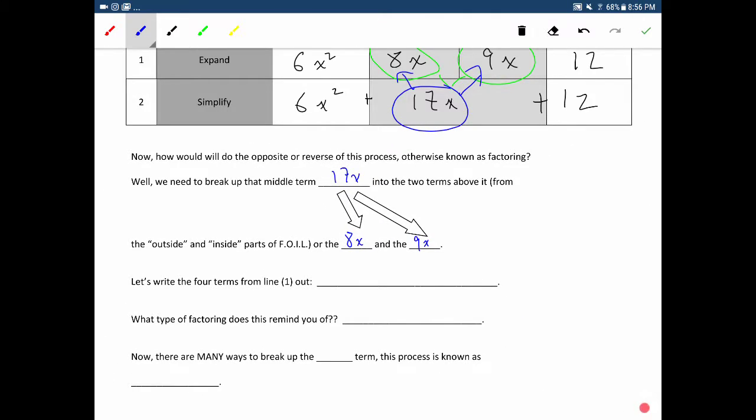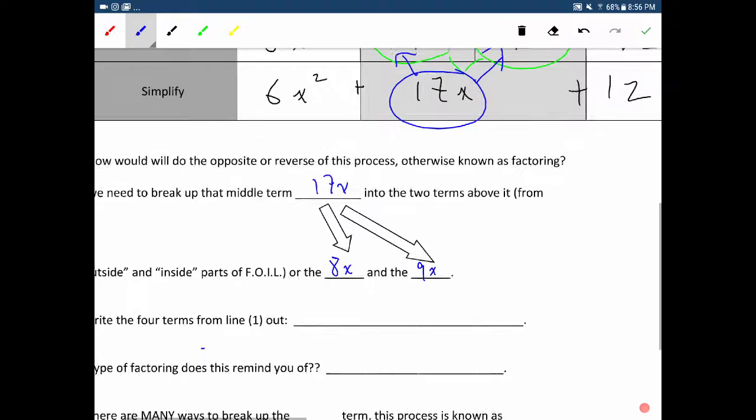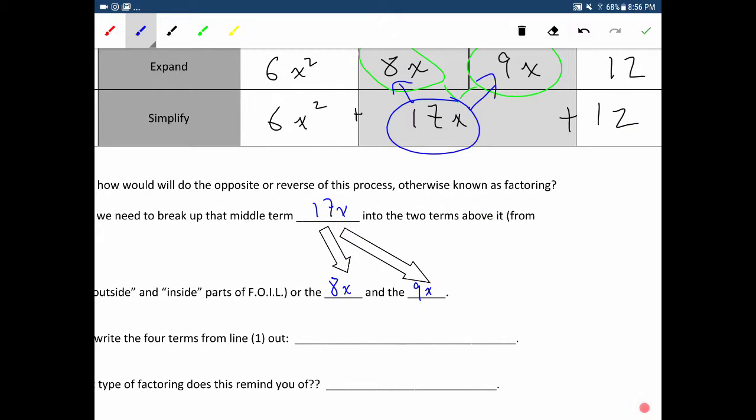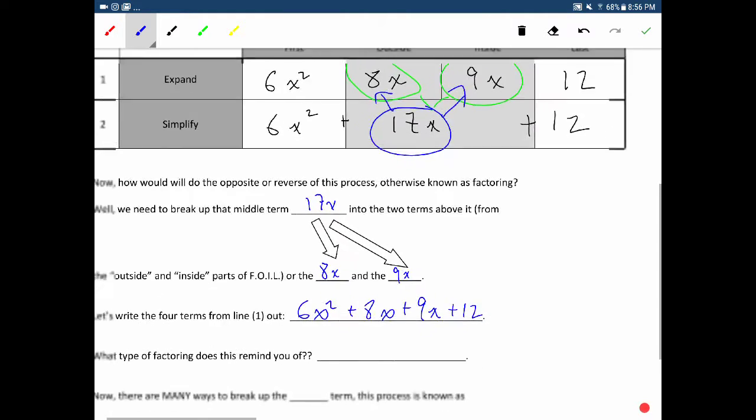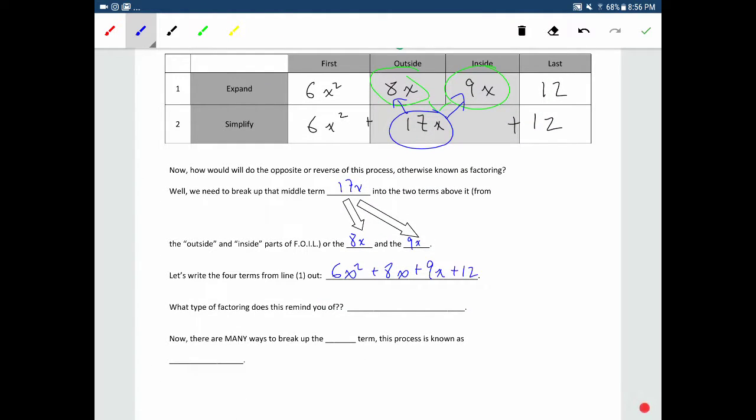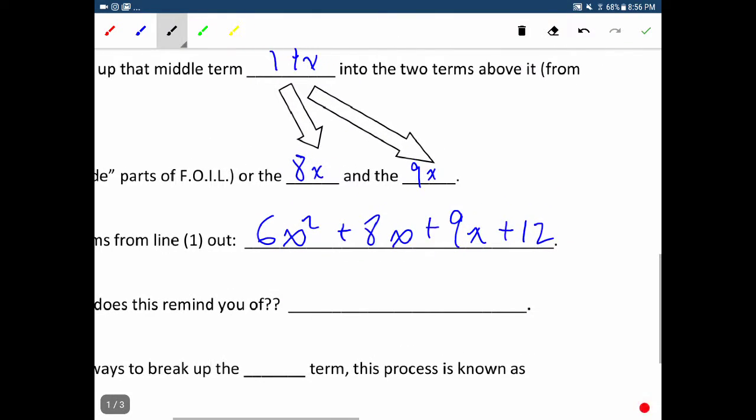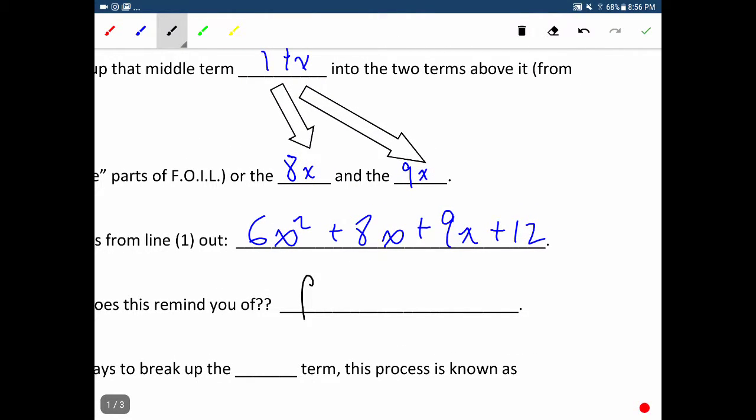So we're going to write out the four terms then: 6x squared plus 8x plus 9x plus 12. Now, when it's written like this, with all 4 terms, what this should remind you of, hopefully, is factoring by grouping.